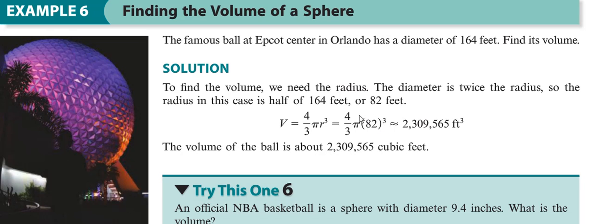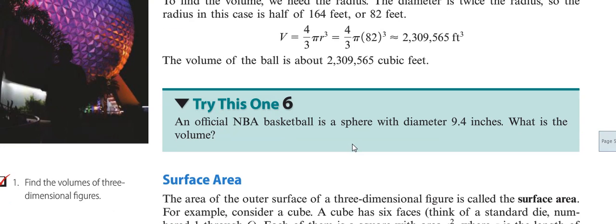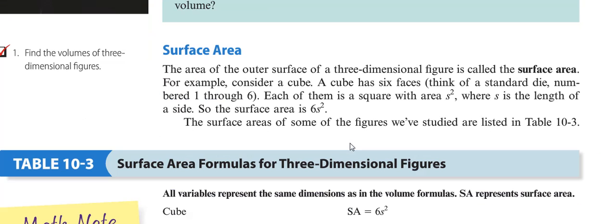And then after you do that, you multiply that times pi times 4/3. And that gives you 2,309,565 cubic feet. That's what you would have for your answer for the volume of that sphere.